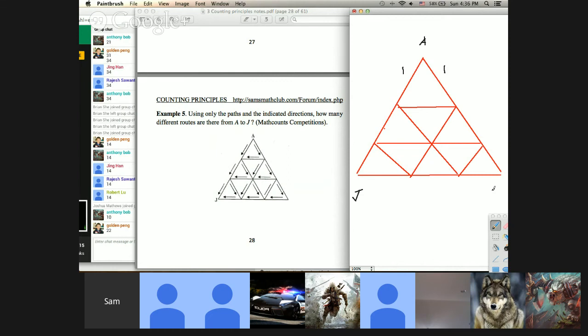So again, just think of it like water pipes, and they've already drawn out the arrows, so it should be a little bit easier.